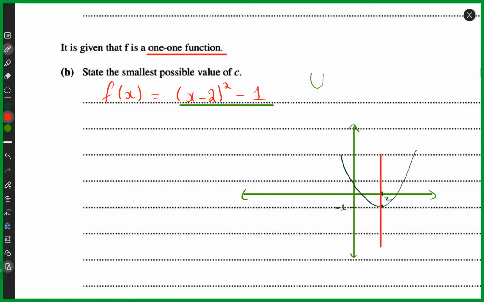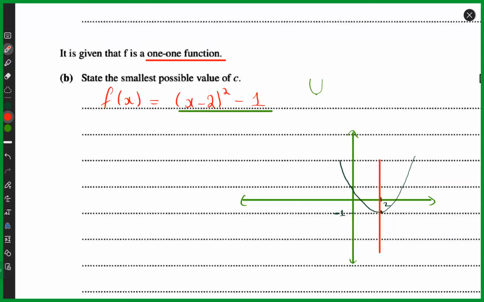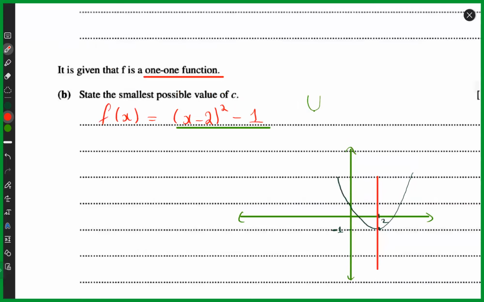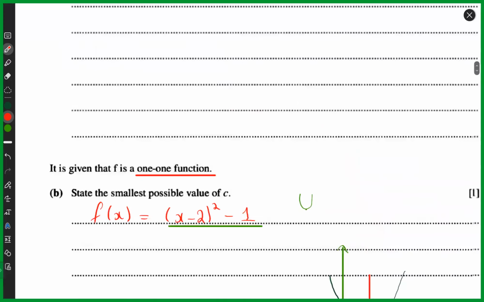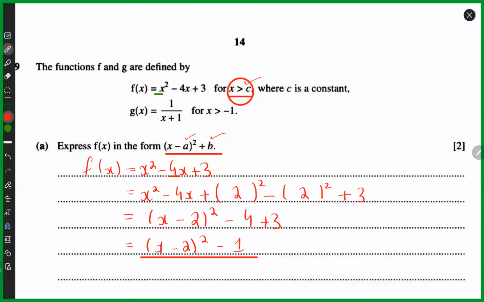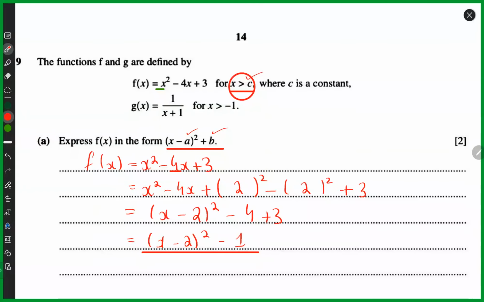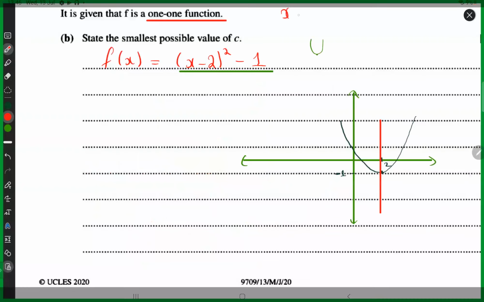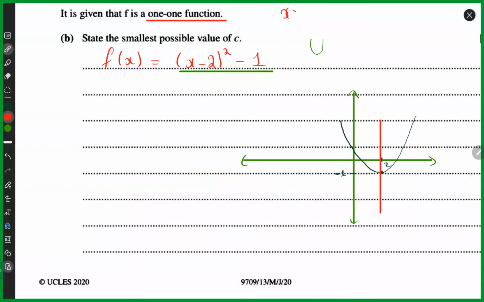Now, how do I know if I need the right side or the left side? Okay, for that, this is what the domain was. x is greater than c. Okay, x is greater than c. So we know that x is greater than c, and we need to have the smallest possible value of c.